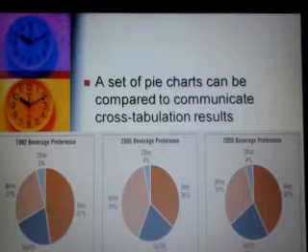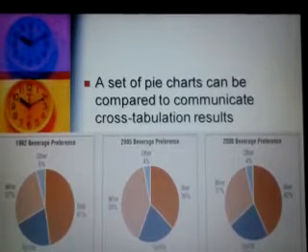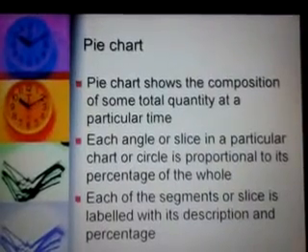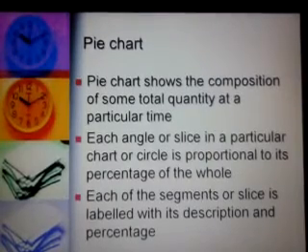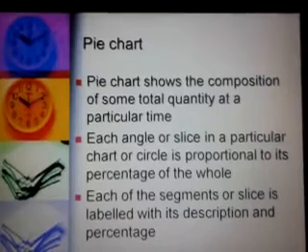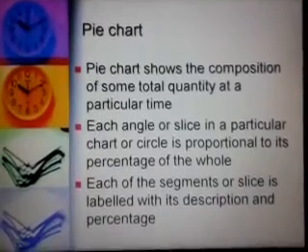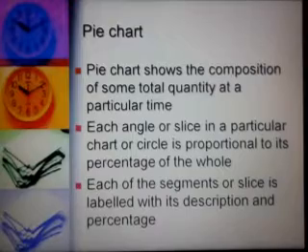So this is a circle, this is a whole chart, and in the whole chart there are some slices or some angles. Each angle or slice in a particular chart or circle is proportional to its percentage of the whole. So if that slice is small, the proportion is small, and if that slice is large, the proportion of that group in the whole population is large.